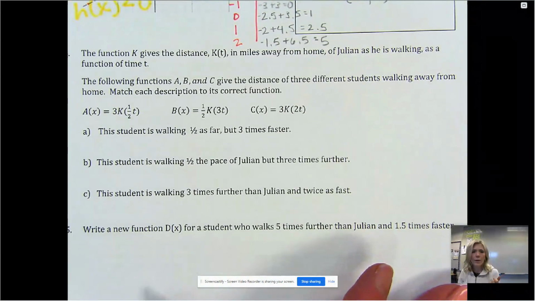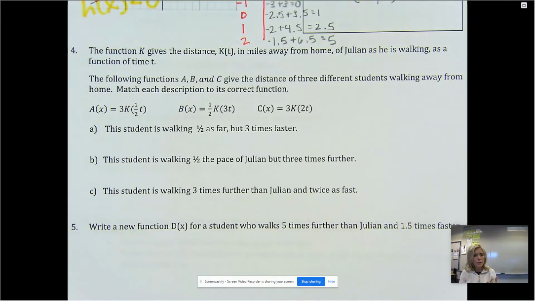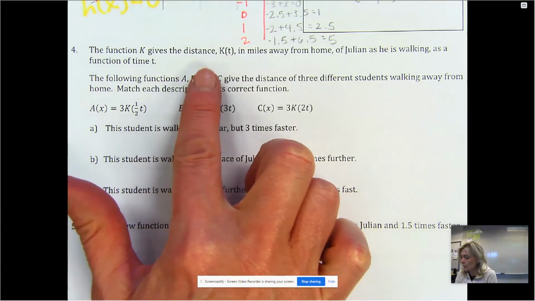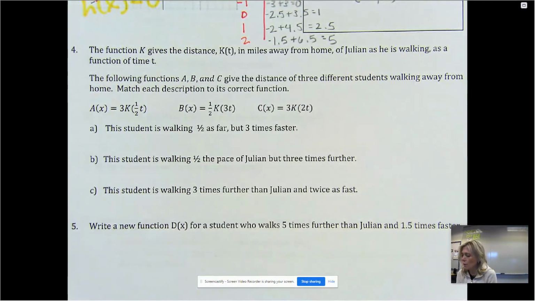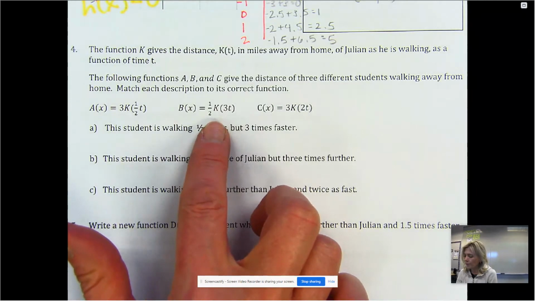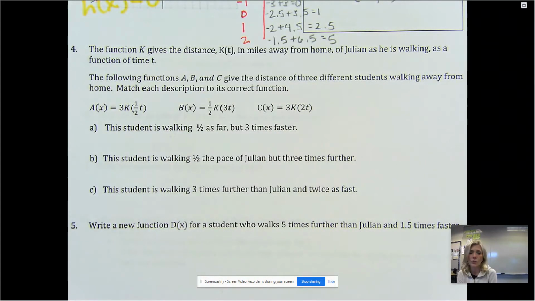Moving on from there. For this next problem, we're looking at scaling the inputs, scaling the outputs, and what that means in context. So k of t is the distance that Julian is as he's walking as a function of time. And all of these are in relation to how far and how fast Julian walks.